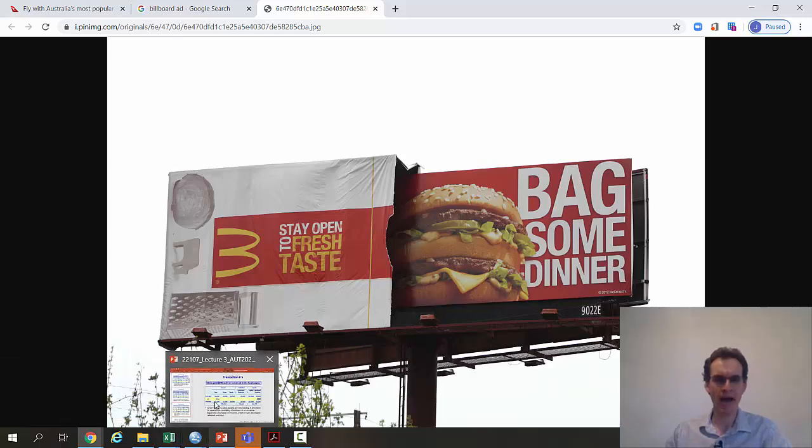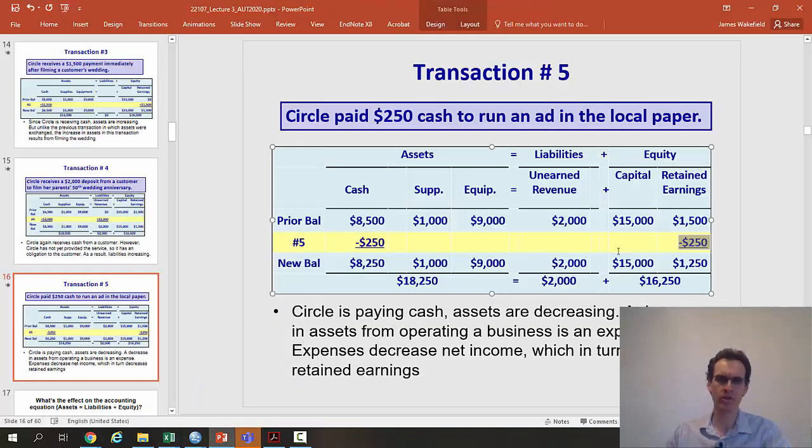So the question is then, if we go back and look at how we recorded this particular transaction, we reduced equity by $250 because we are incurring a $250 expense. Now, if that's the case, we're expensing it, which means we are assuming that we have completely used up that resource.